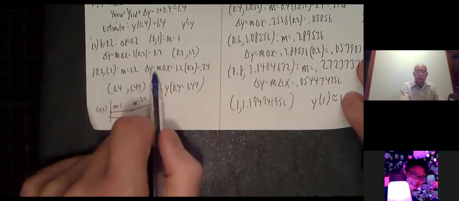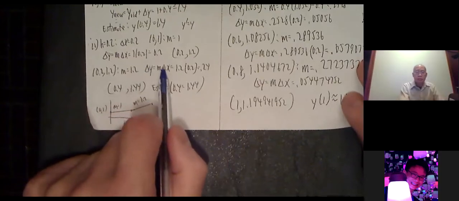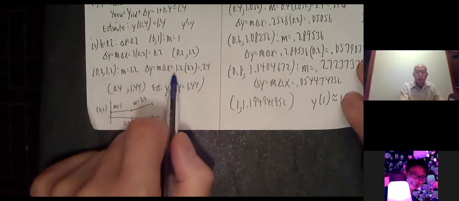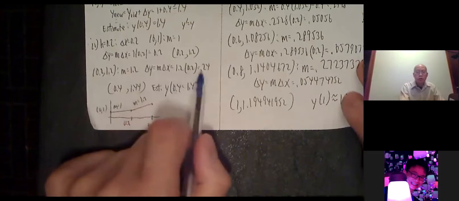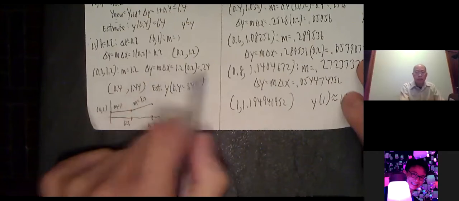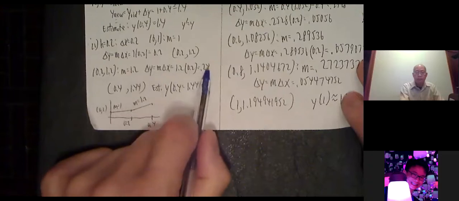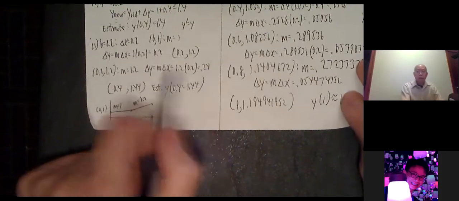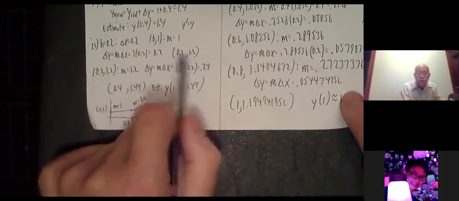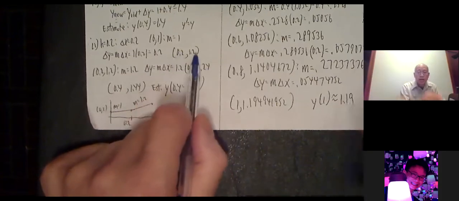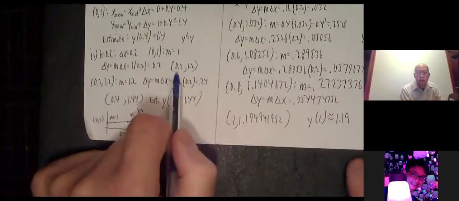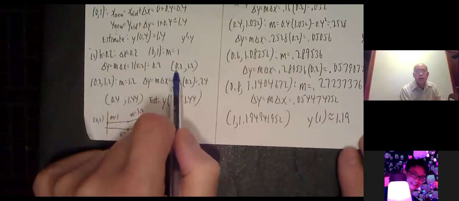Delta y equals m delta x. 1.2 times 0.2, 0.24. That's my delta y. All right, so what's my new coordinates? I take the old coordinates, add delta x, add delta y. So old x is 0.2. What's my delta x? 0.2.